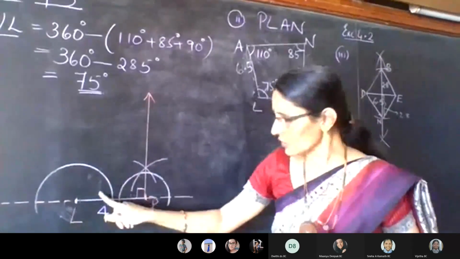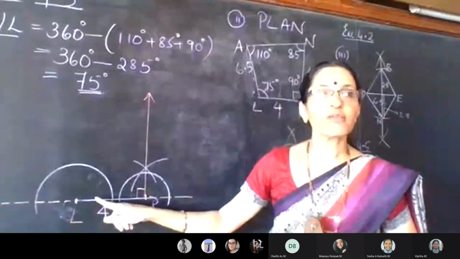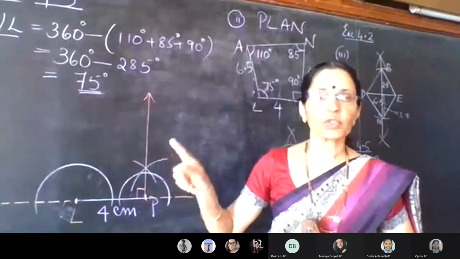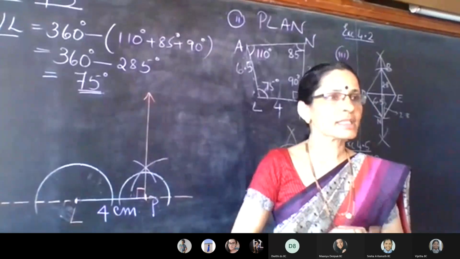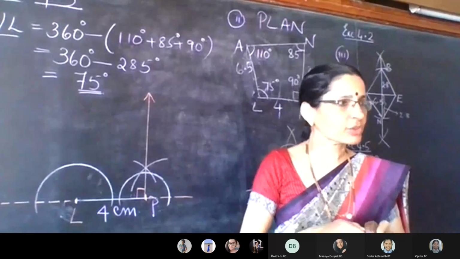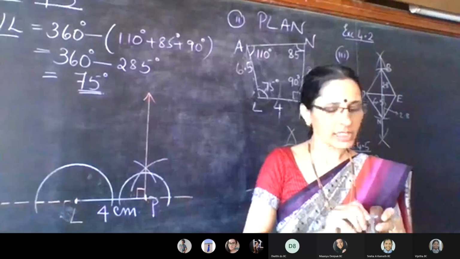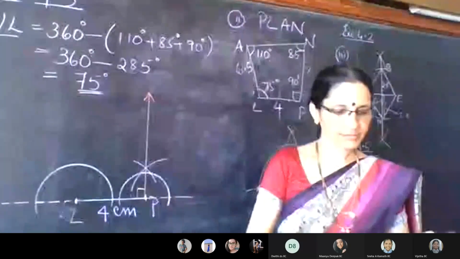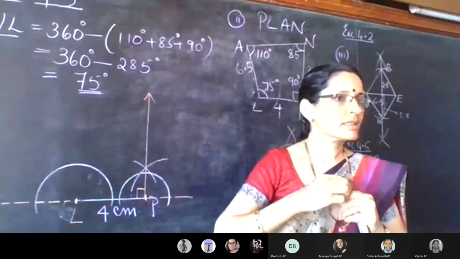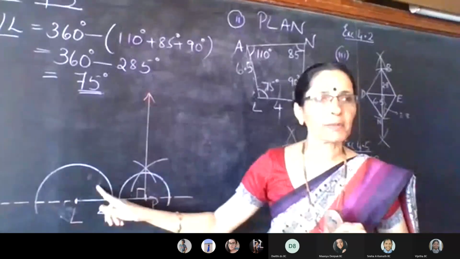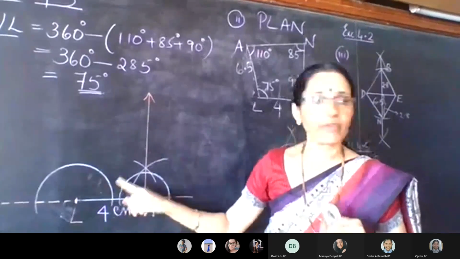I want to construct here 75 degree. For that I have to do 60 first. Without constructing 60 degree, I cannot construct 75. You know that, right? First 60. So take any radius. If these two are touching, no problem. It's okay. You should know where you have drawn.